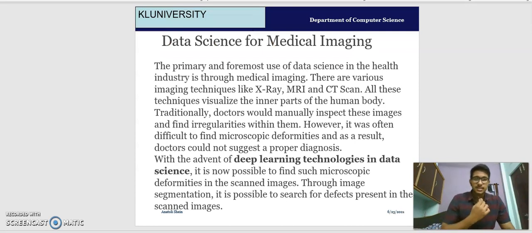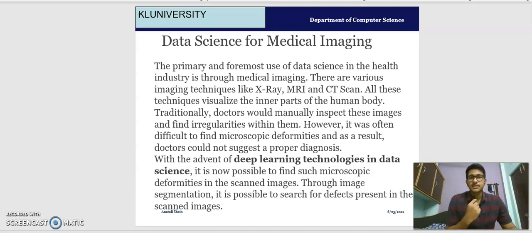Coming to data science for medical imaging. The primary and foremost use of data science in the health industry is through medical imaging, right? Because of X-rays, MRIs, scannings and CT scans, we are able to see what the issue is for a particular person. There are various imaging techniques, as I explained before, like X-ray, MRI, and CT scan.